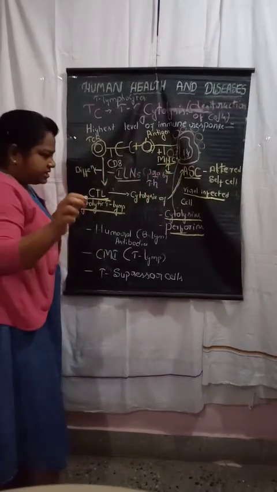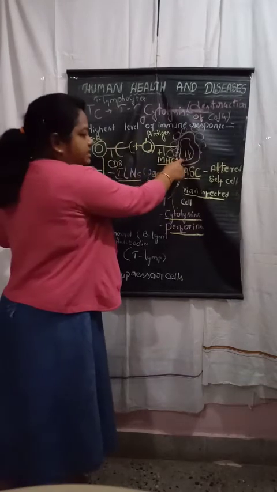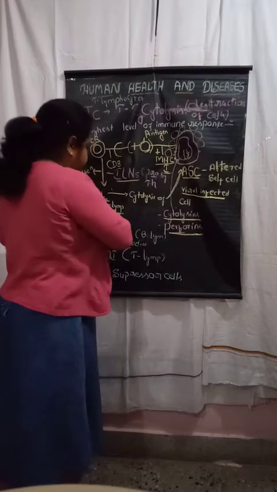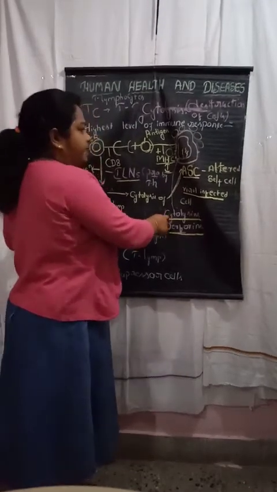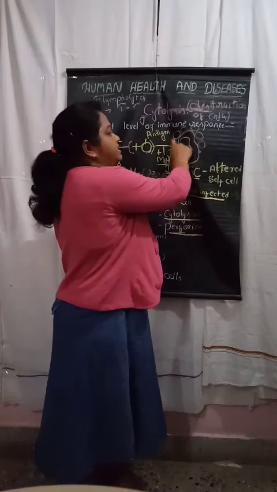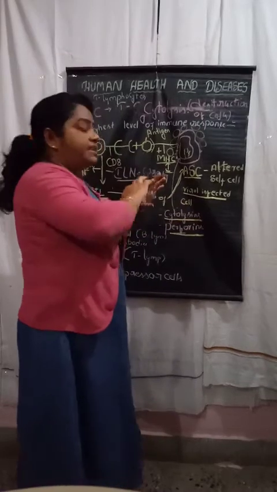Is this clear? Very clear, students. Whenever these cells are destroyed by the cytolytic T lymphocytes through these enzymes, the surrounding healthy neighboring cells are not destroyed.